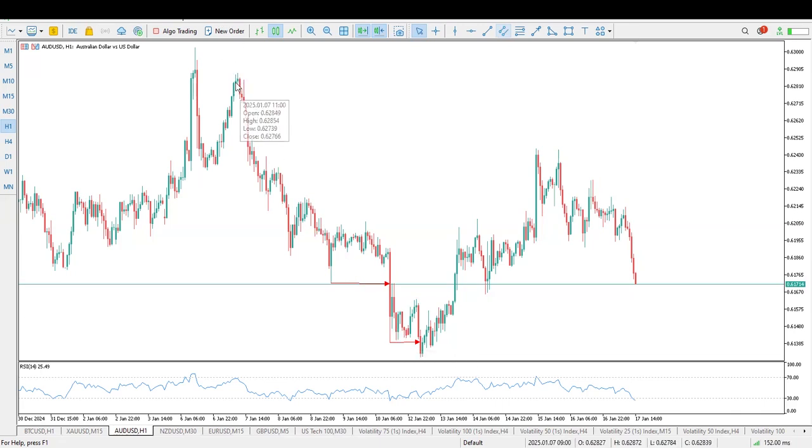If you look at it carefully now, I say that a downtrend will always move from a point of high to a point of low. Now, this is our point of high, and the market has moved to a point of low.